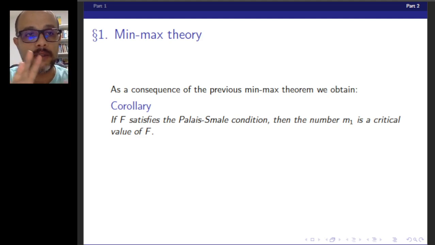In the first part, if f satisfies the Palais-Smale condition, you can argue in some way, and if f does not satisfy the Palais-Smale condition, you will argue in another way. Let's continue.